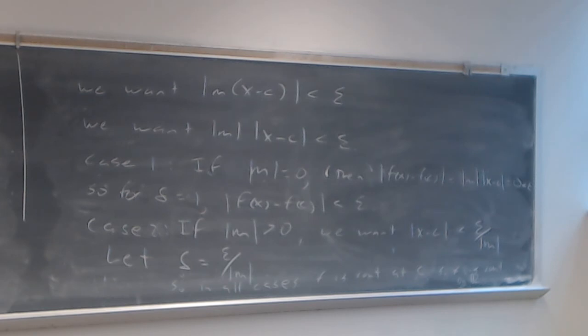So here's a theorem. It says let A be a subset of R. Let f and g be functions on A to R, and suppose c is an element of A, and f and g are continuous at c.